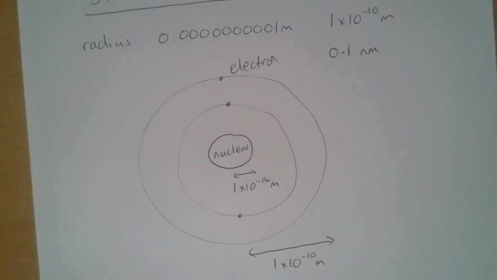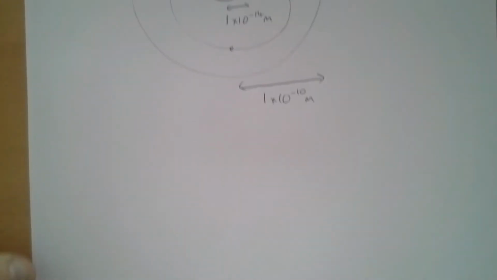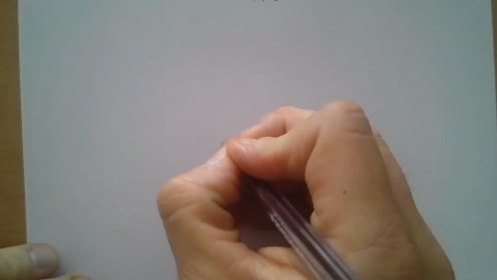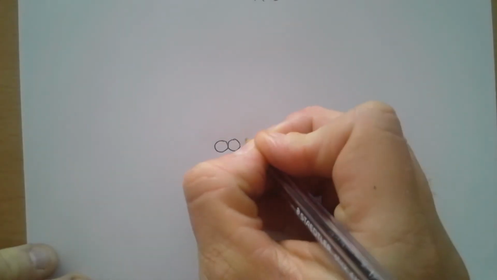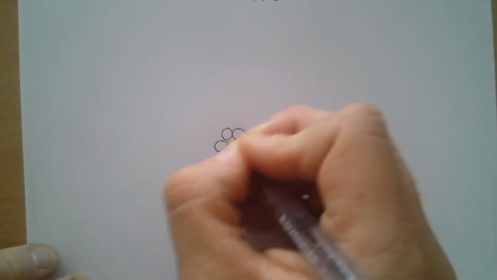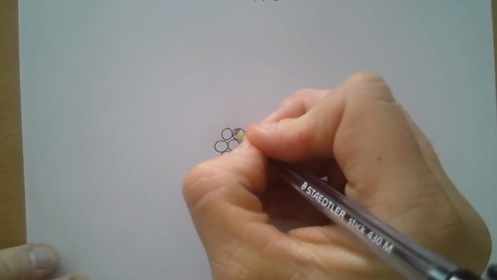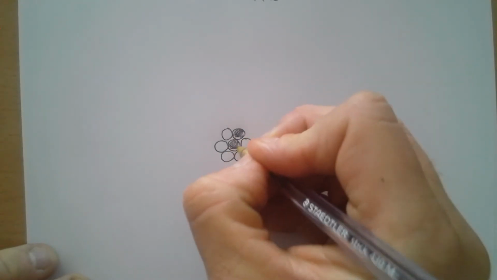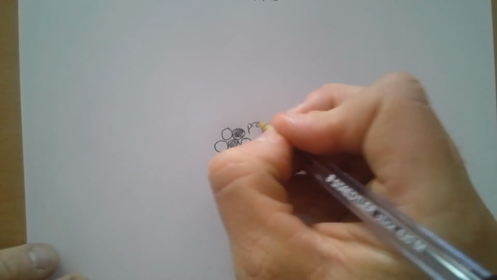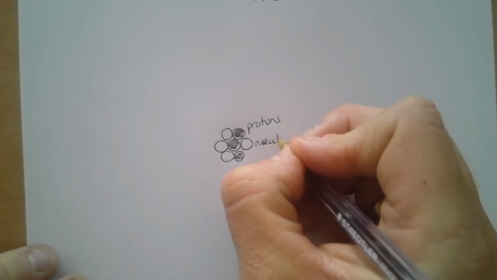We can look at some of the particles that make up an atom. So let's remember that obviously we've got the nucleus in the middle. Now for a lithium atom, there are 7 smaller subatomic particles in the nucleus. 3 of those are called protons, and those are the ones that I've coloured in black there, and 4 of those, in this case for a lithium atom, are neutrons.